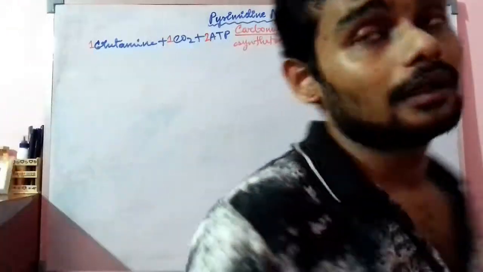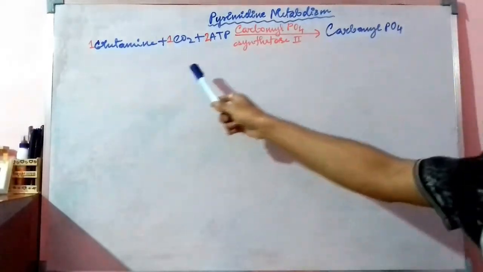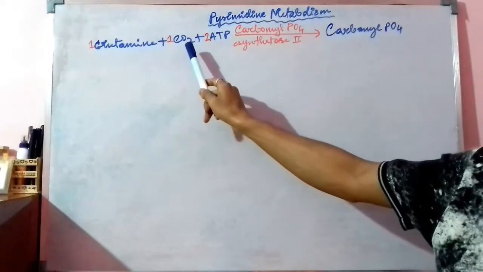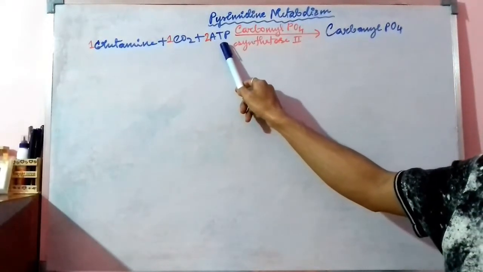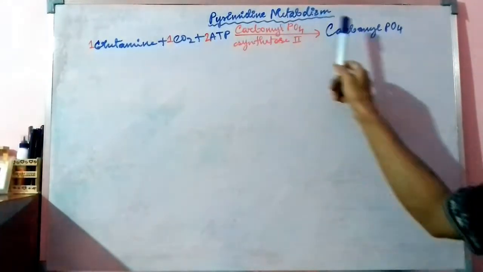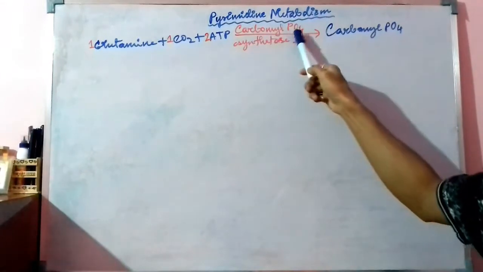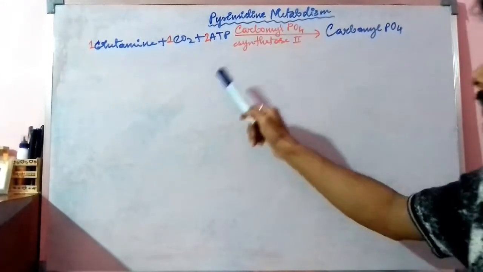So here the glutamine is playing a major or vital role. Why? Because 1 molecule of glutamine plus 1 molecule of CO2 plus 2 molecules of ATP, which provides energy for the conversion of glutamine to carbamyl phosphate in the presence of carbamyl phosphate synthetase 2, or type 2 enzyme. But why glutamine?